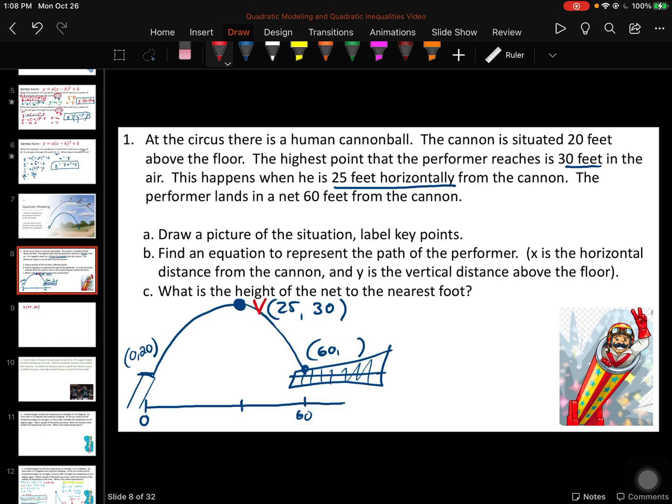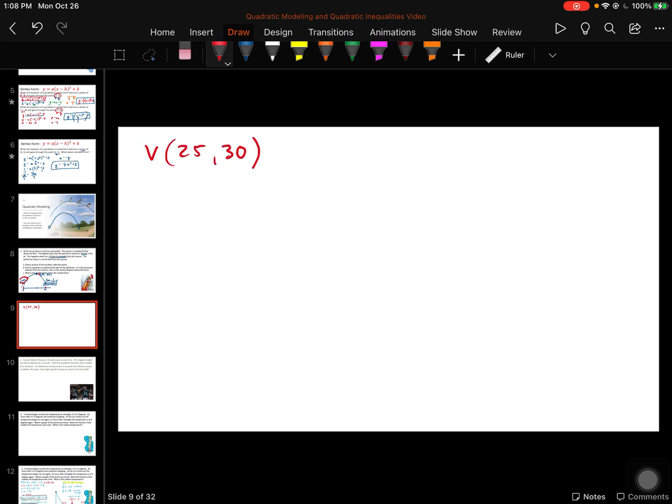And the other point we have, we know this is 0, 20. When he's traveled 0 feet horizontally, the starting point is 20 feet in the air. And then we know this is 60, something, but we don't know how high the net is, so I can't use that point. But I have a vertex of 25, 30, and I also have the point 0, 20.